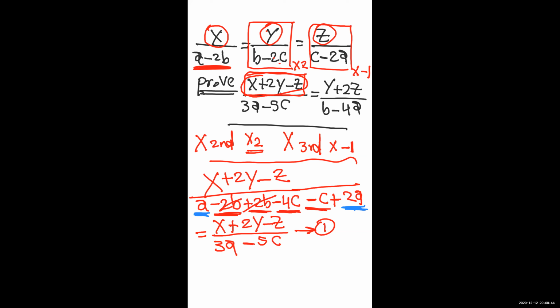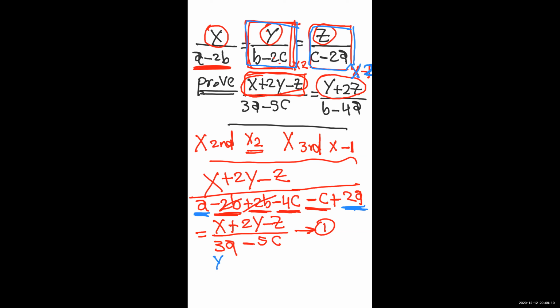Here I wanted to get y plus 2z. Here I have y and here z. I want to get y plus 2z, so can I multiply the third term by 2 and then add them? Yes, so add them now.